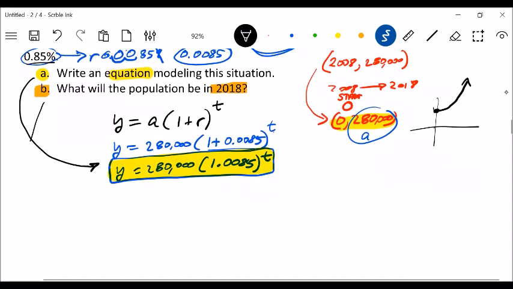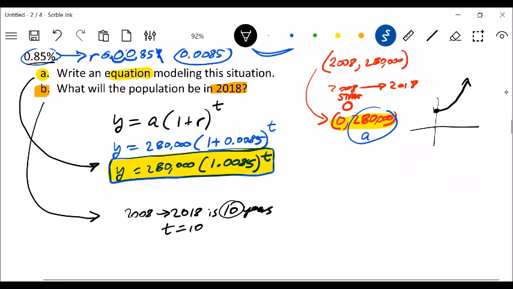Now for B, 2008 to 2018 is 10 years, because 8 is the 0, and then 9 is 1, 2, 3, 4, 5, 6, 7, 8, 9, 10. 2018 is 10 years. So that means T is equal to 10.